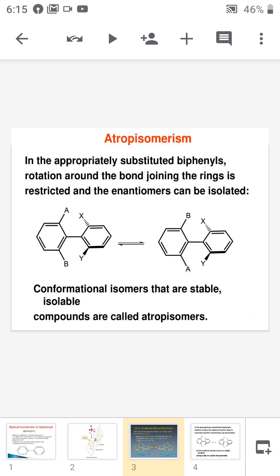And this type of isomerism in biphenyl is known as atropisomerism. Atropisomerism means it appears to be a chiral molecule, and it shows optical isomerism due to the lack of a chiral carbon atom. That's why this type of isomerism is known as atropisomerism.